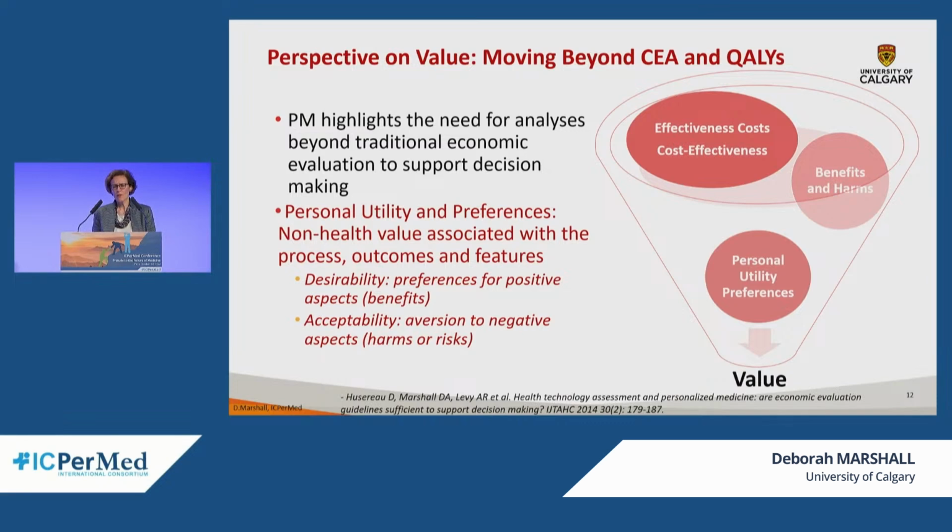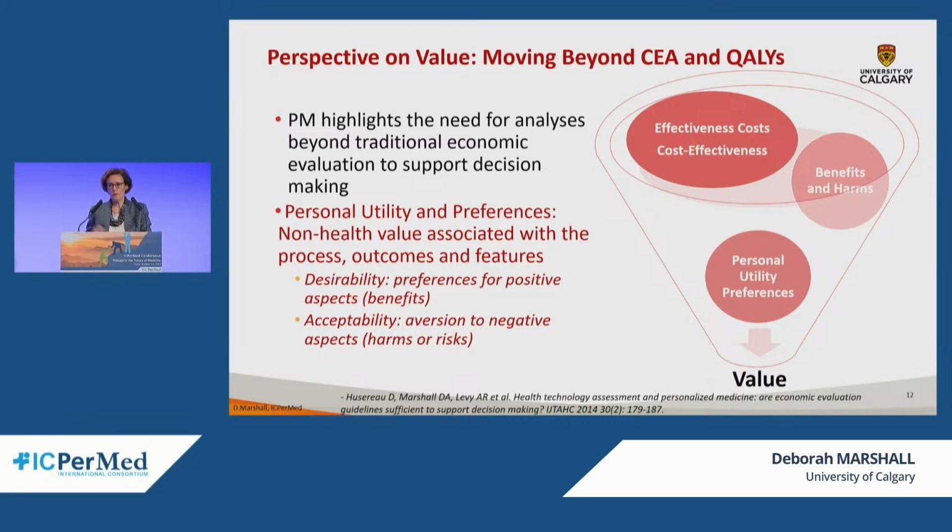So here what I mean is that we want to go beyond the traditional metrics we use in cost effectiveness so that we can try to support decision making that's a bit more broad. And here I will say we want to look at personal utility and preferences. So now thinking about the non-health value that's associated with process, outcomes, and features of a treatment or a management process.